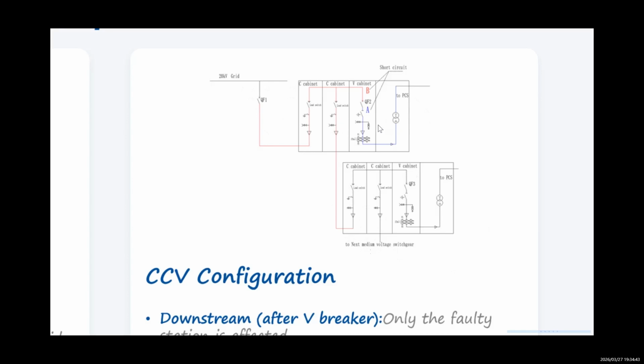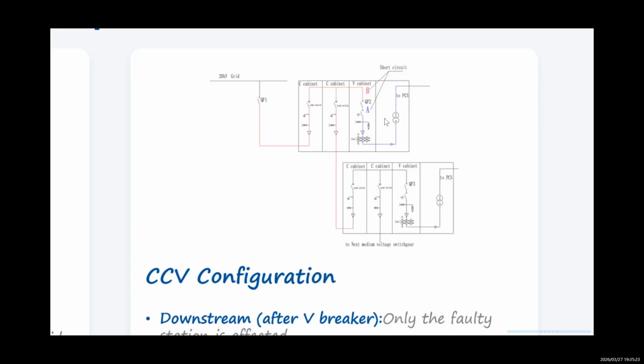So when a short circuit fault occurs downstream of the vacuum circuit breaker in the V cabinet, after point A here, the blue line, the most severe outcome is that the vacuum circuit breaker QF2 here trips. But other equipment remains unaffected, so this MV station will not be influenced.